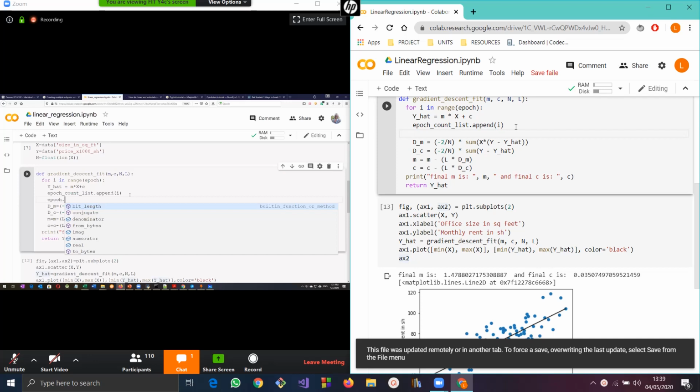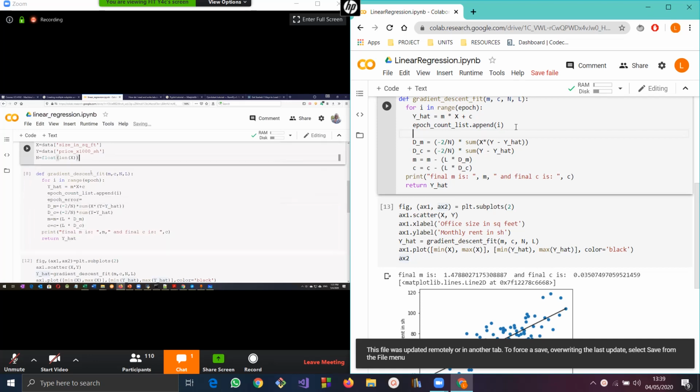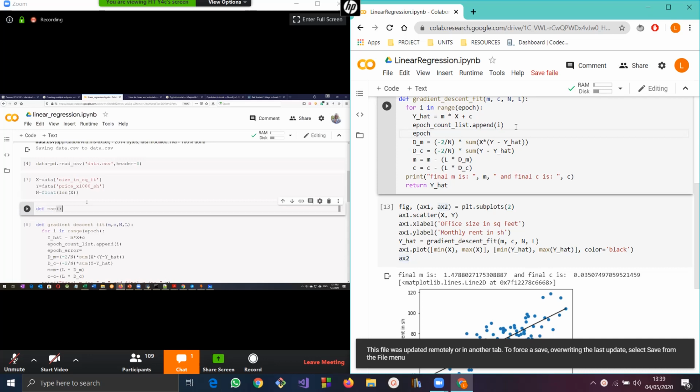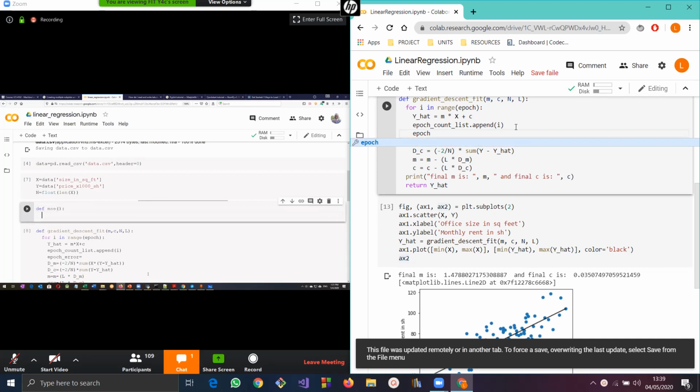So I want to write another cell and define the error. Okay, that's the main thing that we used. So quickly, how was mean squared error computed?